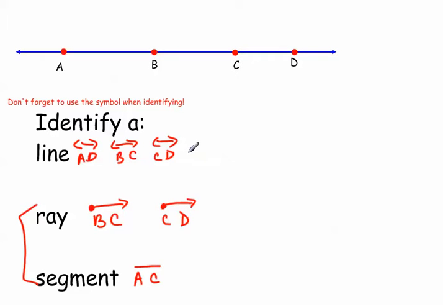Yes, it's right in the middle. Okay, so that's why it's so important that you put the symbol on top, because if you just said AC, I don't know what you're talking about. I don't know if you mean line AC, ray AC, or segment AC. So you have to put the symbol on top, okay? All right, you're going to have some practice on that later, but let's move on.